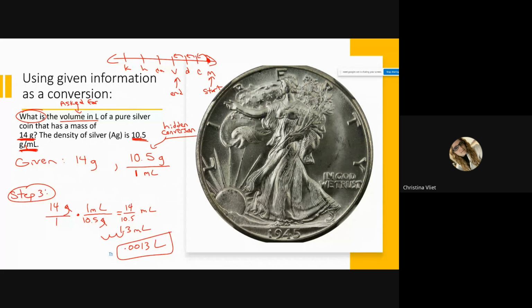So you may recall that you had a formula for density. Density is mass over volume. And if you didn't memorize it that way, you may recall you had a triangle for density. You may remember it as a DMV. 14 divided by 10.5 is taking the mass and dividing by the density to get the volume.